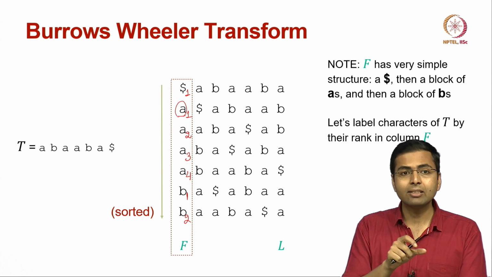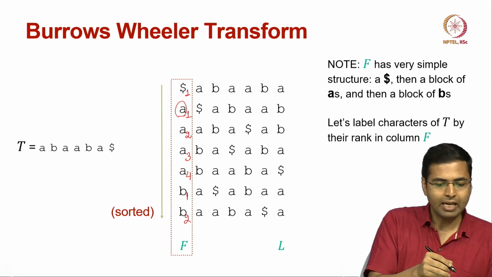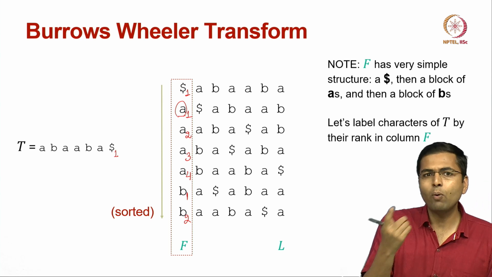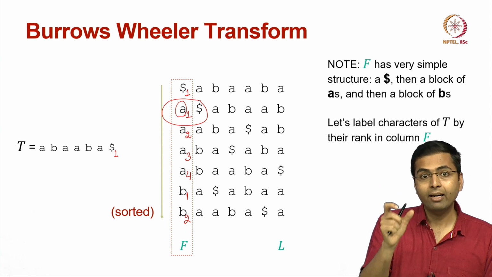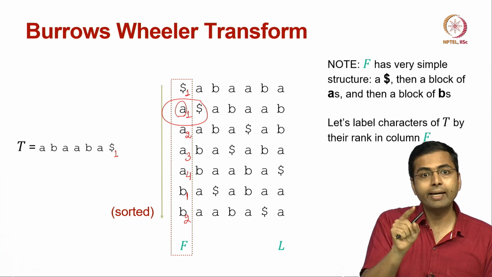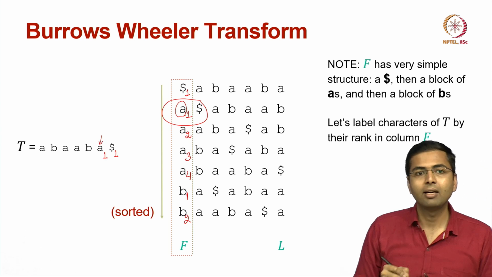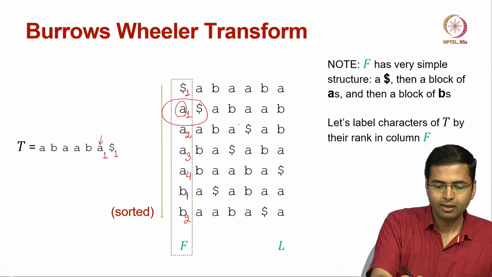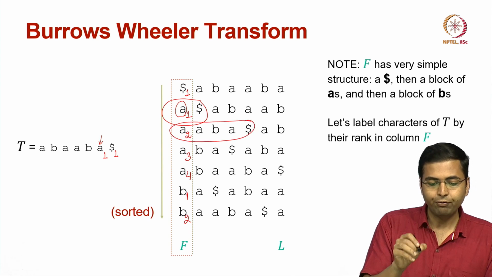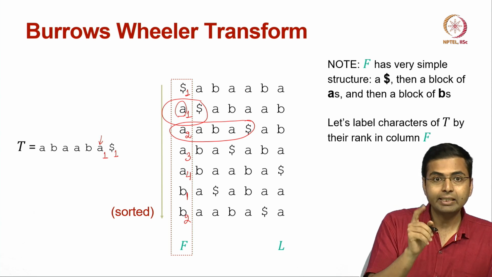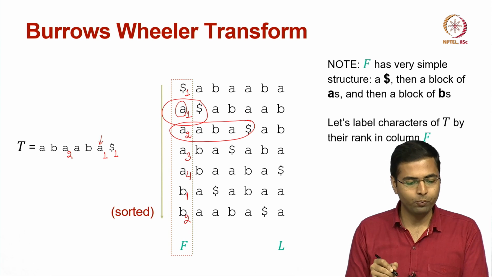and I can assign these ranks in text T as well. For example, dollar gets rank 1 because there is only one occurrence of dollar. Then I know that the character A which precedes the dollar symbol should get rank 1. Therefore, the character that precedes the dollar symbol gets rank 1. Then the character corresponding to suffix AABA dollar gets rank 2, so here this symbol A gets rank 2.